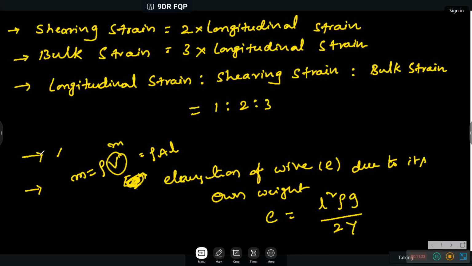Where L is the length of the wire, rho is the density of the wire, g is acceleration due to gravity, Y is Young's modulus, and E is elongation, the change in length.